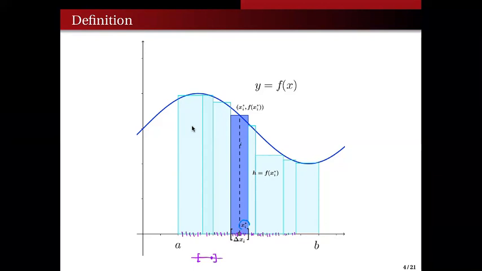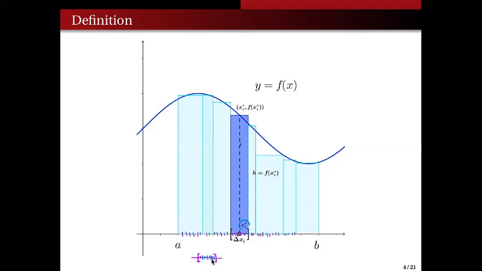It means you are getting smaller subintervals. But what does this mean? Originally, you only have one sample point here. Then after increasing the number of subintervals, you will be able to get a lot of sample points there.